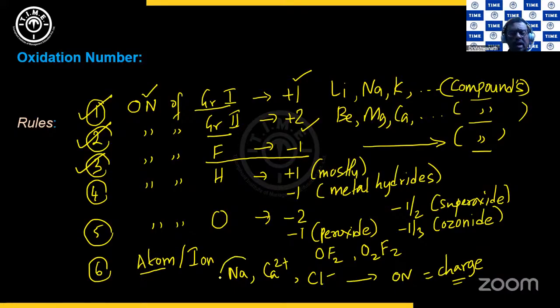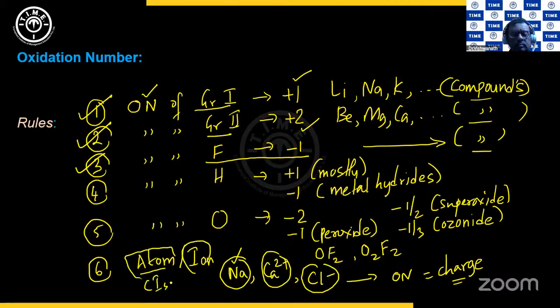For example, Na, the oxidation number is 0 because it is an isolated atom. Similarly, isolated Ca2+ will have 2+ as the oxidation number. Isolated Cl- will have 1- as the oxidation number. Clear? So an isolated atom or an isolated ion will have the oxidation number directly equal to its charge.